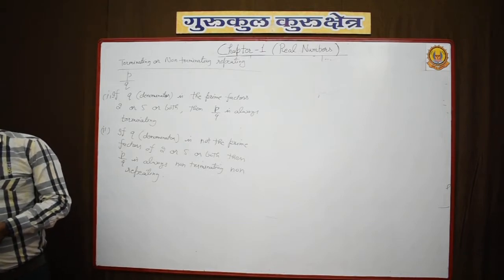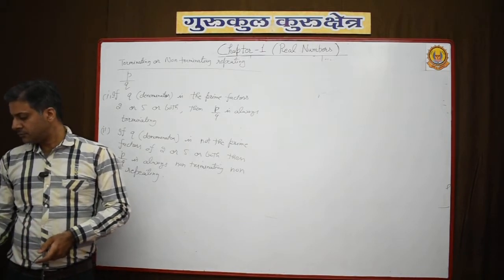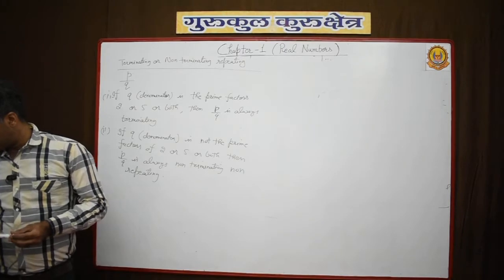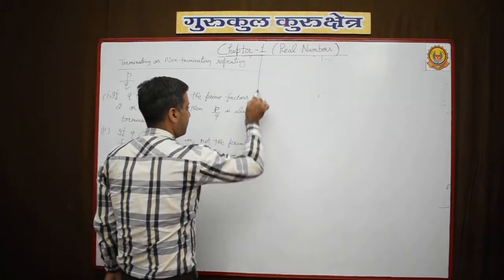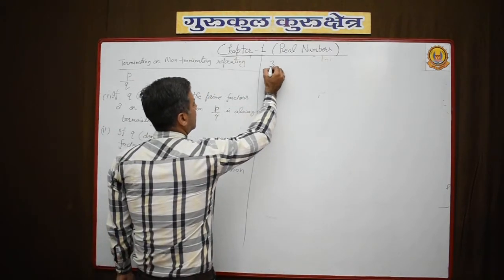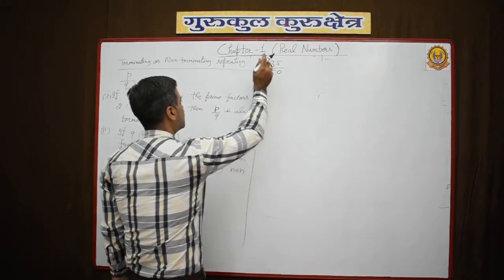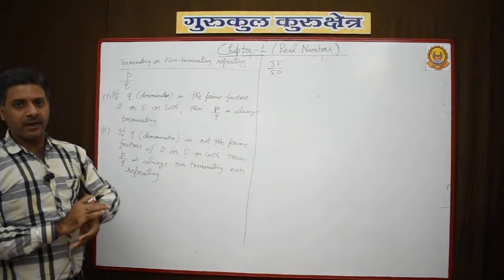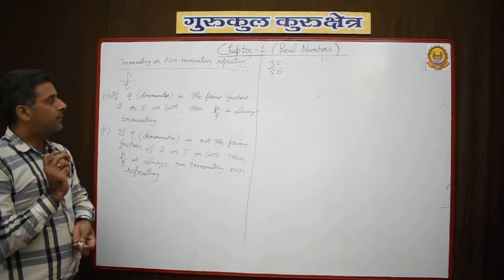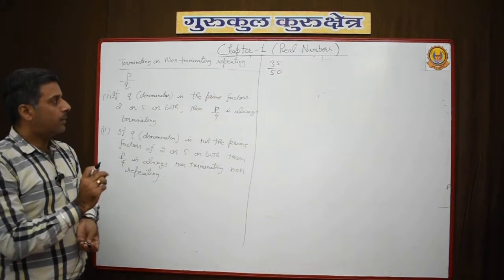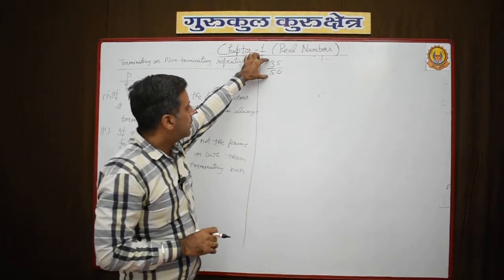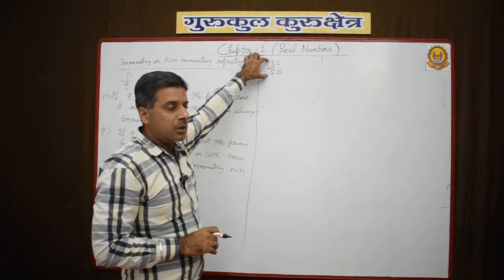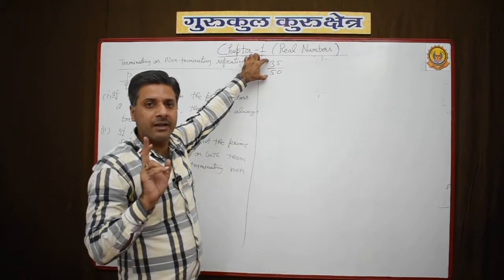So look at the example. Suppose I have 35 by 50 and I have to check whether it is terminating or non-terminating repeating. One thing you have to be careful about is that the p by q form should not have a common factor other than 1.